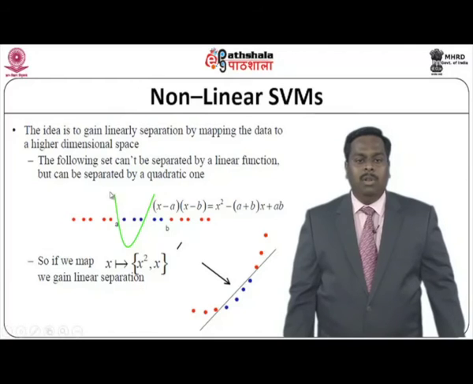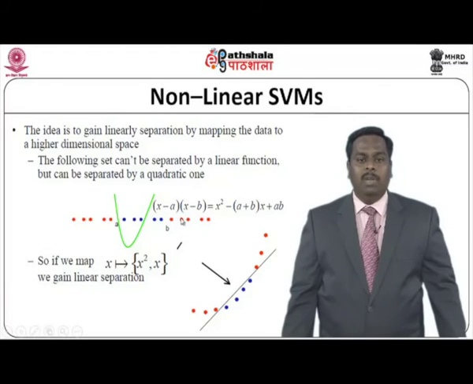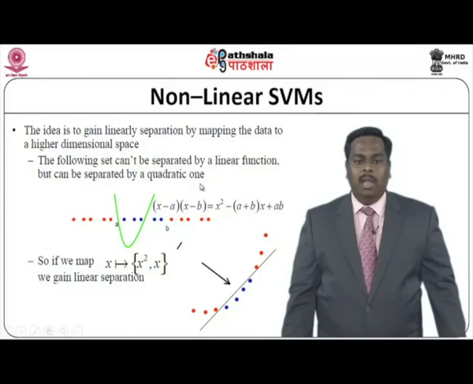For example, if we have data determined by this characteristic equation, x minus a multiplied by x minus b, we cannot separate this data by means of a linear function. Therefore, we need to transform it into another, high dimensional space, and then we can perform the linear separation. So, we can separate the data and solve it by means of a quadratic equation.